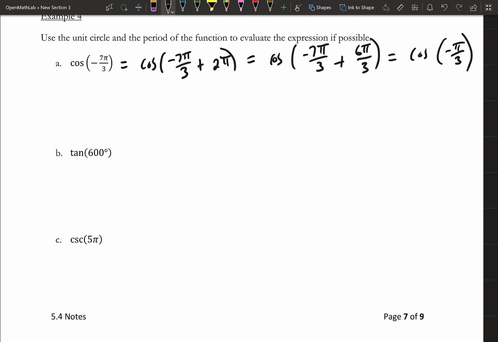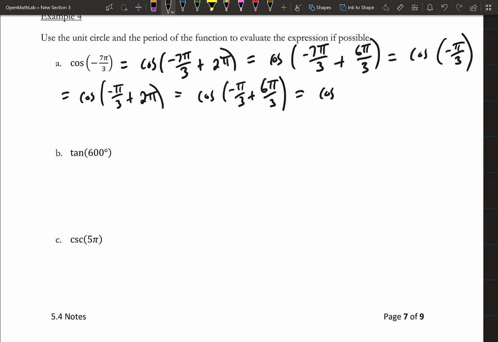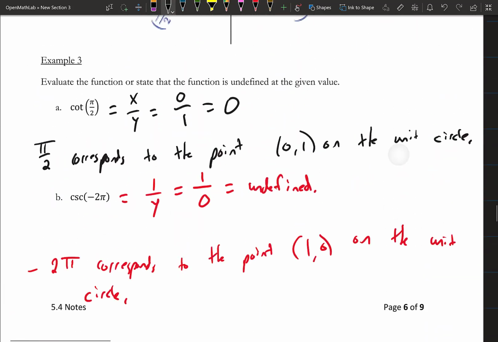So we're still not within a full rotation, so I can add 2 pi again. So we get cosine negative pi over 3 plus 6 pi over 3, which equals cosine of 5 pi over 3. Right, so then I can look at my unit circle.